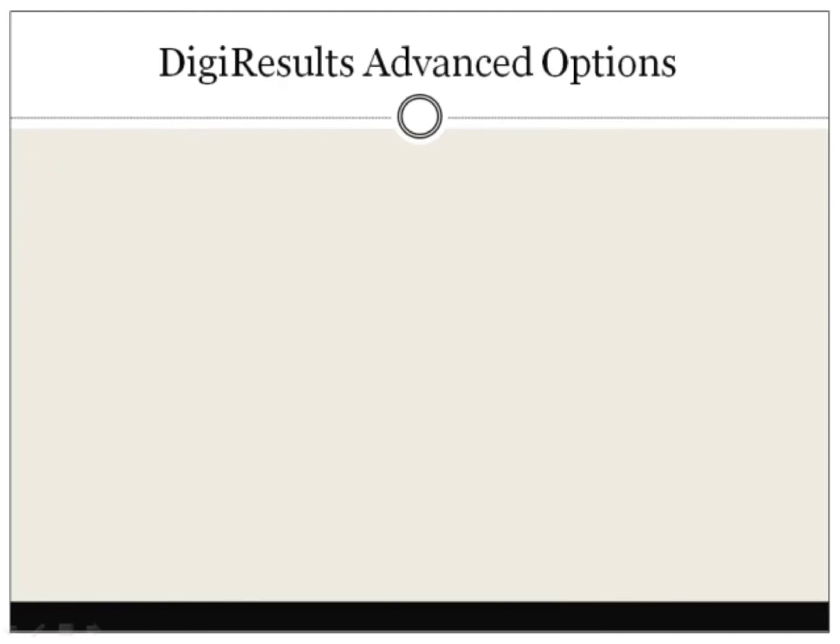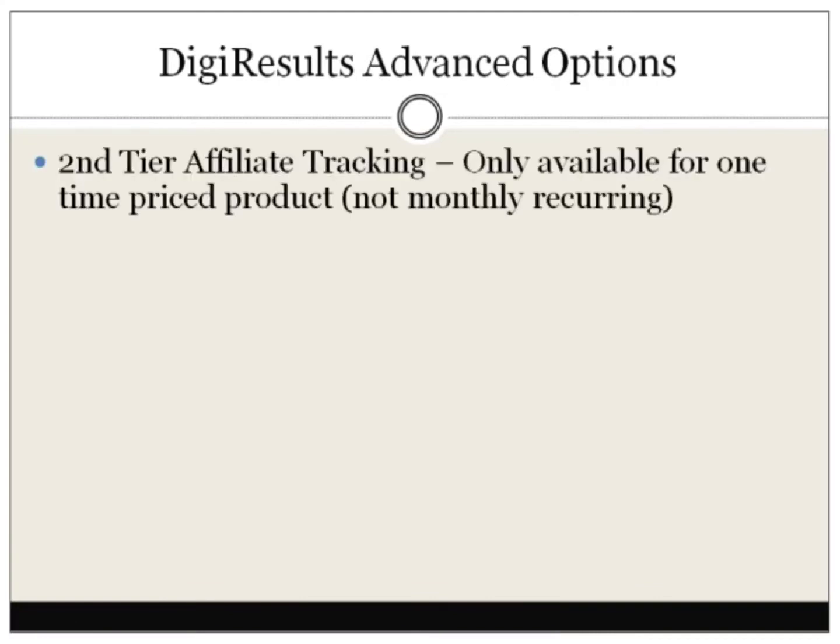Let's talk about the DigiResults advanced options so you know what to expect and what they provide. Second tier affiliate tracking basically means that, let's say your affiliate promotes a product, they're going to get a commission. But if they refer somebody else who's an affiliate and they make a commission, then that first affiliate will make a commission every time the second affiliate makes a commission.